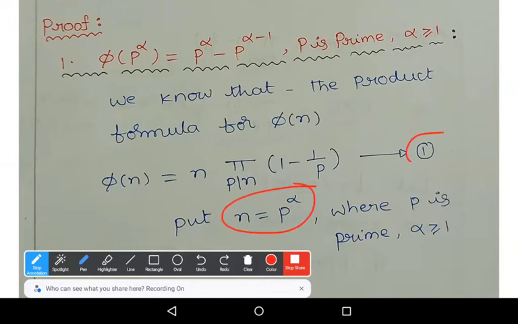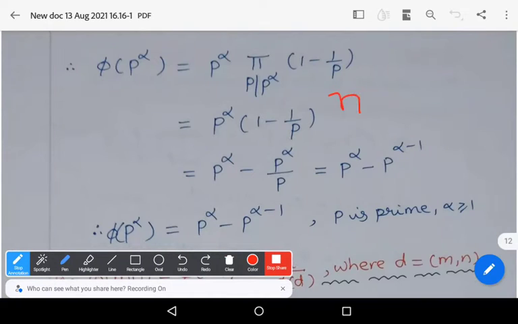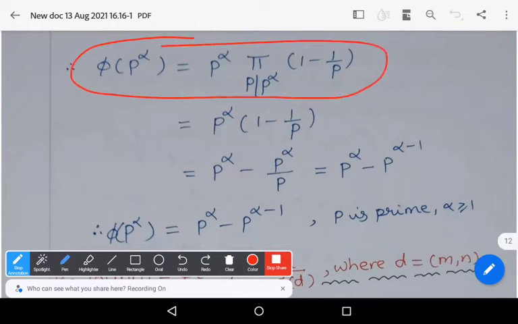In equation 1, substitute n is equal to p^α, where p is a prime number and α is greater than or equal to 1. By substituting, we get φ of p^α is equal to p^α into the product over p dividing p^α of 1 minus 1 by p. Yes, there is only one factor, so you get p^α into 1 minus 1 by p.